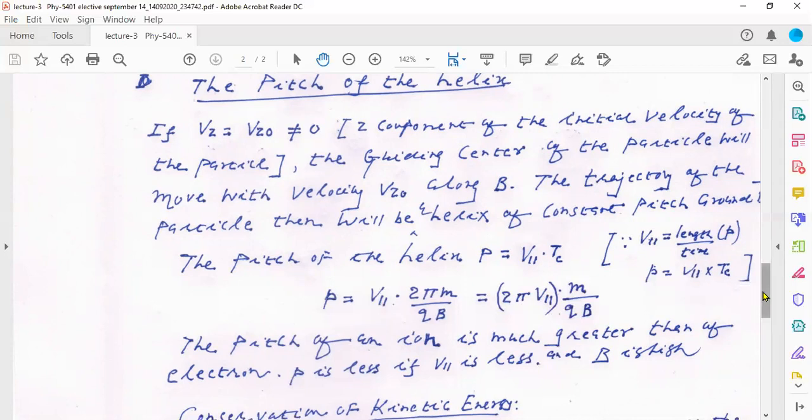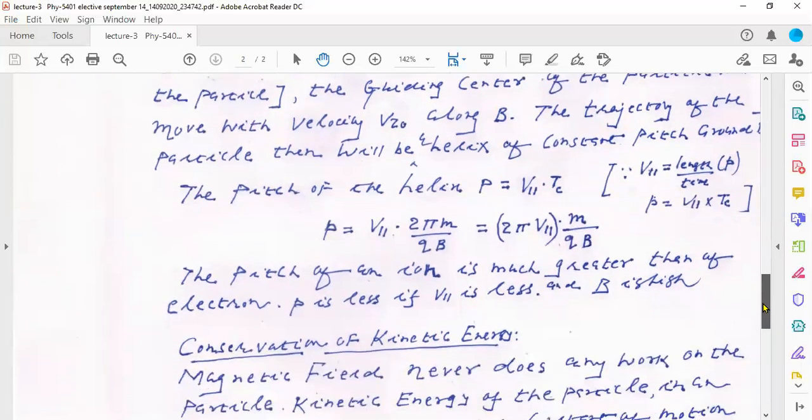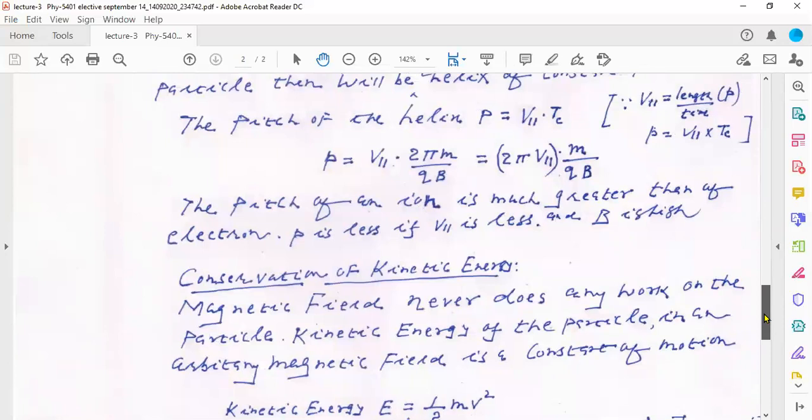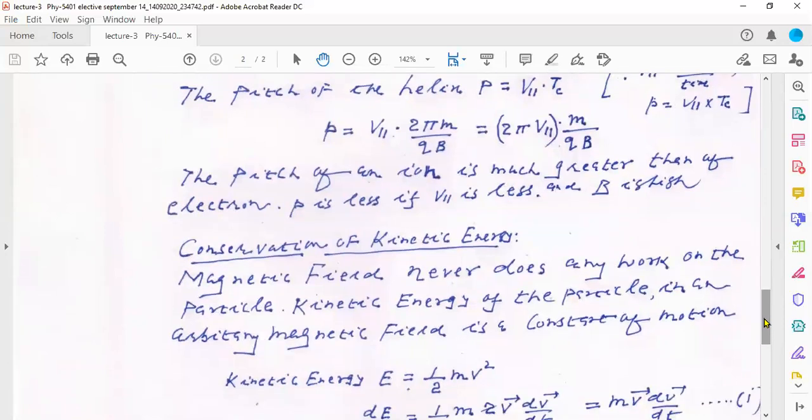And now we want to derive a very important concept here, that since the magnetic field is not doing any work on the charged particle, the particles of the plasma are describing a circular path. Of course there is a change in the direction of velocity: the v perpendicular component is affected, but its magnitude is not changing, only its direction is changing.